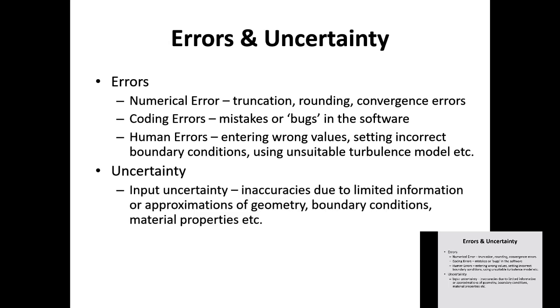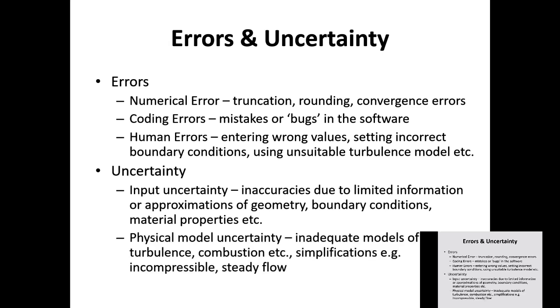And then also you can have uncertainty. You have an input value which you know should be the value, but you're not really certain about that value, whether to use that value exactly, because your boundary conditions are also an approximation.